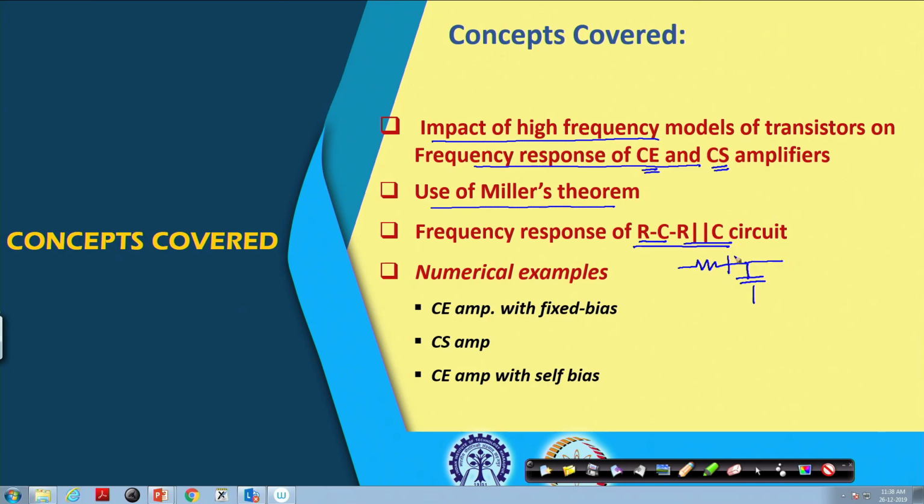So, we will be having RC and then R and C in parallel. This kind of circuit we have to consider, and then after that we will be talking about some numerical examples. So, this is the overall plan.